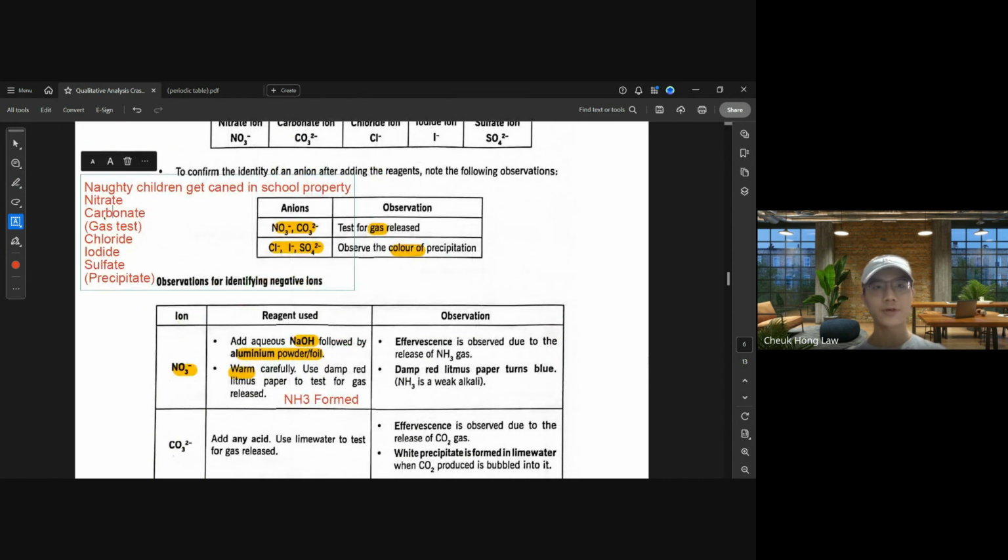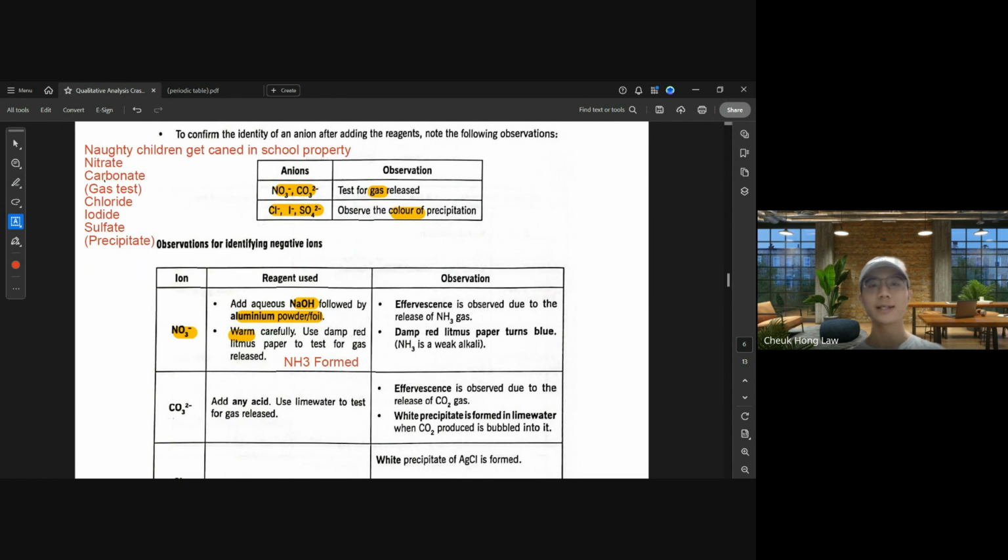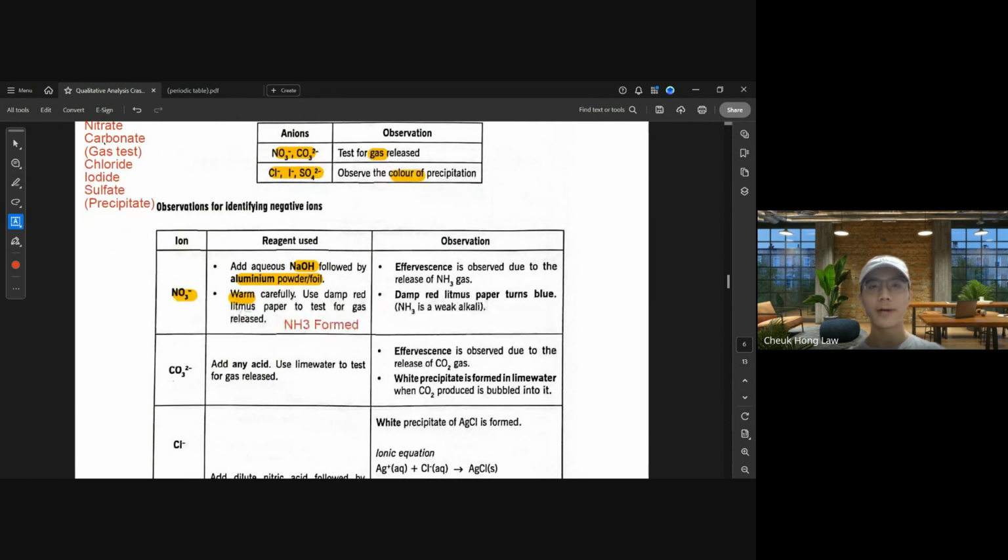Remember for nitrates and carbonates, we will test for gas. The gas that we want to test here is ammonia. So how do you test for ammonia? You use a damp red litmus paper and it will turn blue.